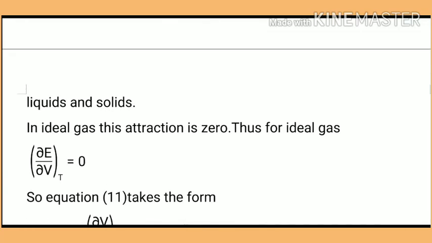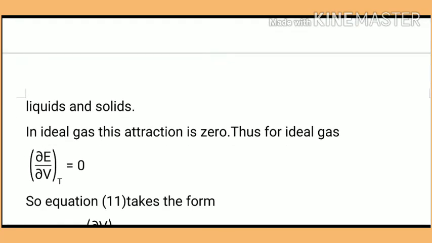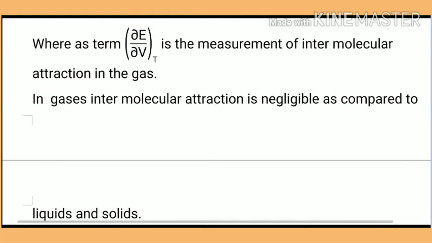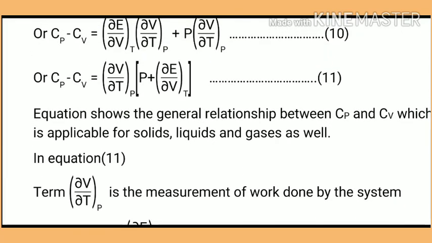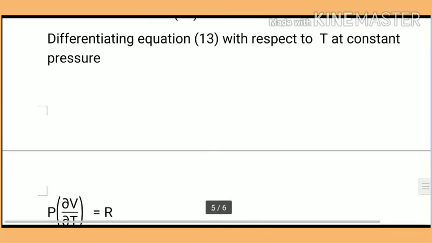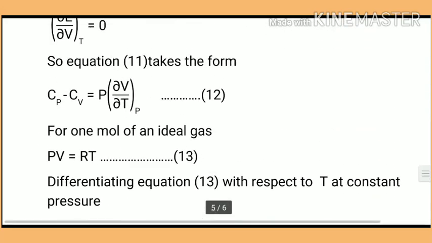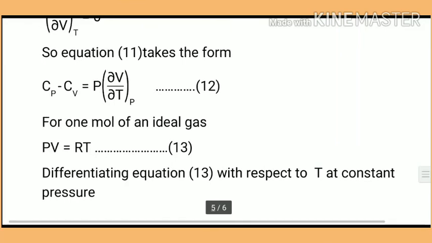If we put this value in equation number 11, we get Cp minus Cv is equal to P ∂V/∂T at constant pressure. So we get equation 12.